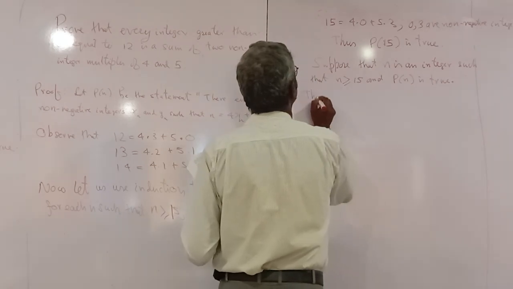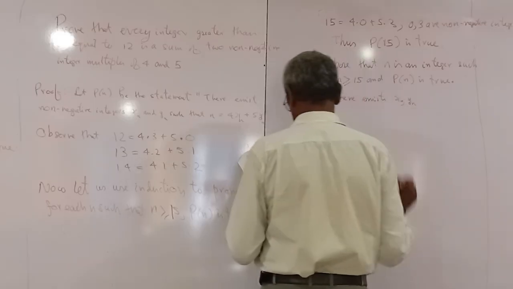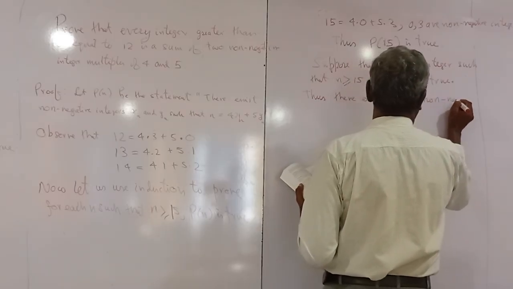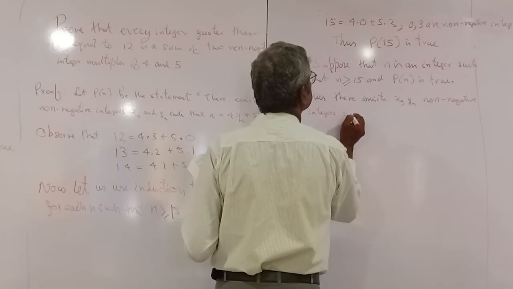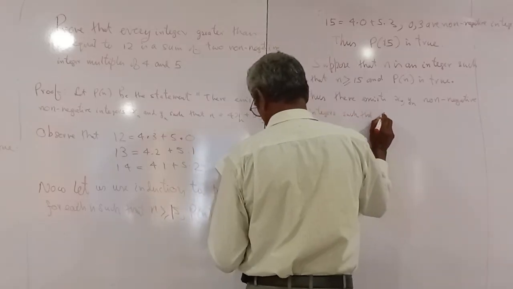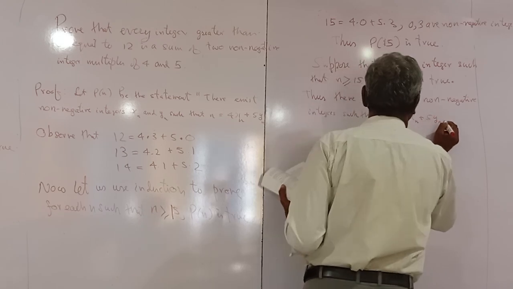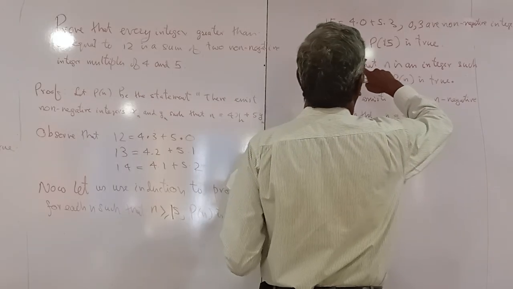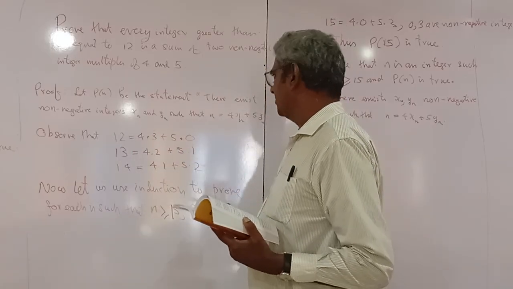P_n is true. Thus, there exist non-negative integers x_n and y_n such that n is equal to 4x_n plus 5y_n.